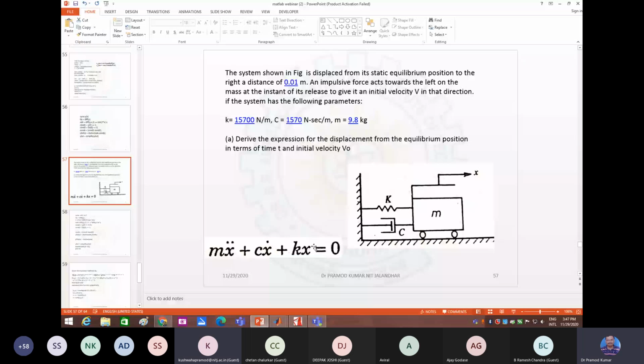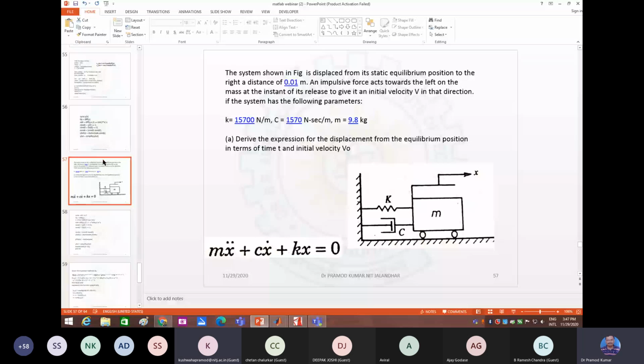This differential equation we want to solve here with these inputs, and then we will see the result, the variation, how this movement takes place, and what is the effect of c here. This is a very well-known question in vibration books, available everywhere, and you can verify the result also.